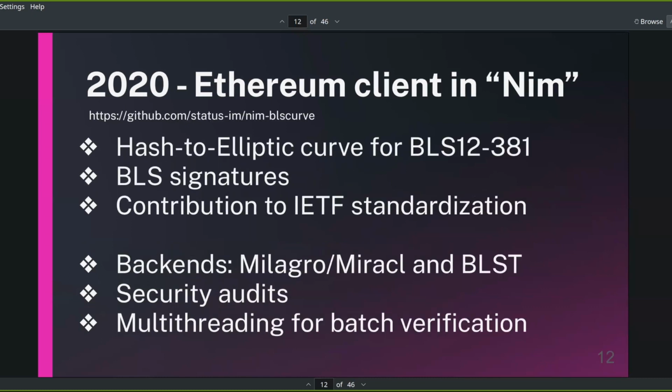Fast forward 2 years later, now working on the Ethereum consensus layer, what was called Ethereum 2. We introduced new cryptography there, the BLS signatures on the BLS12-381 curve. This was used because they were very efficient, because they could be aggregated.